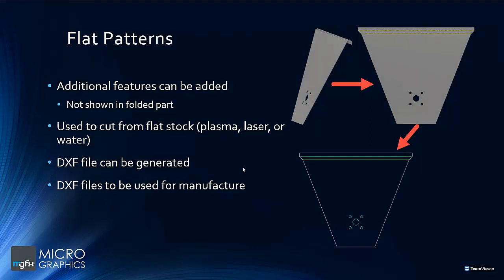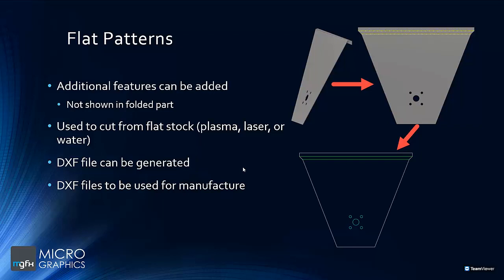Okay, so once you have designed up your component and you are happy with your final design, it is then time to create your flat patterns. Now, additional features: once you've created your flat pattern from that component, additional features can be modeled into it, such as registration marks for bending.